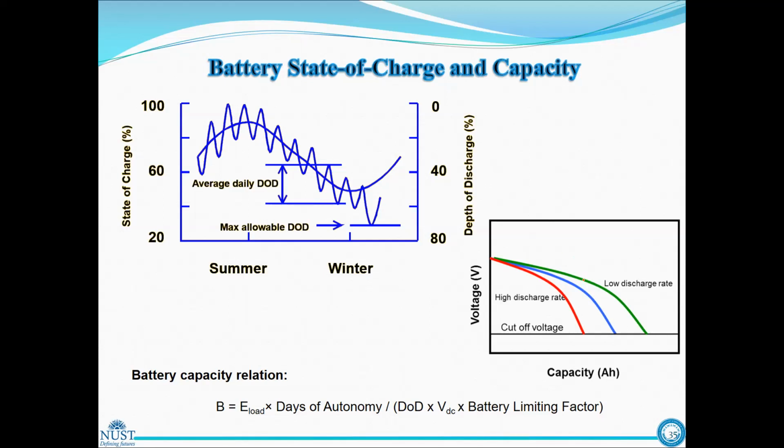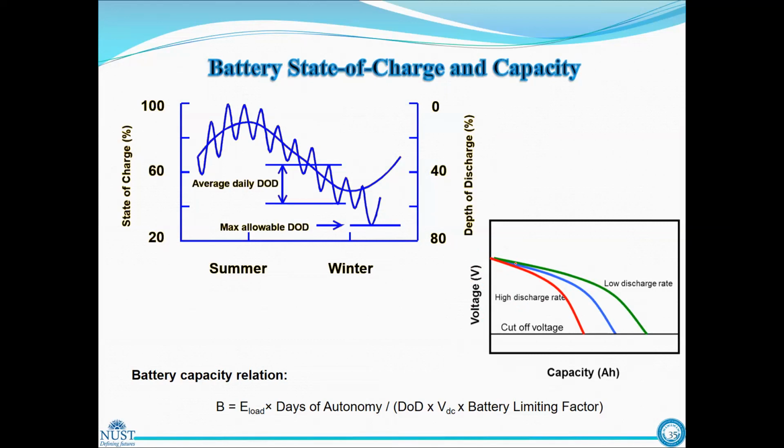And then the capacity is another important factor to know about. Capacity of battery is also linked with voltage. You can say the voltage capacity curves are here. This is the nominal voltage. When we charge the battery, then we will get the nominal value of the voltage.